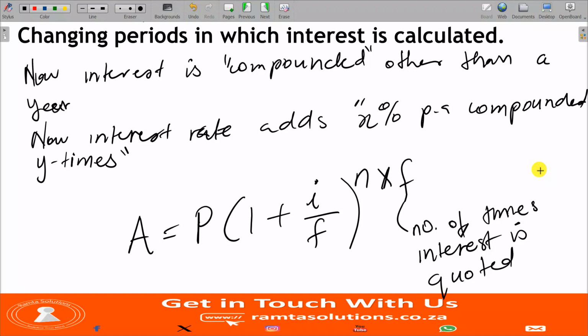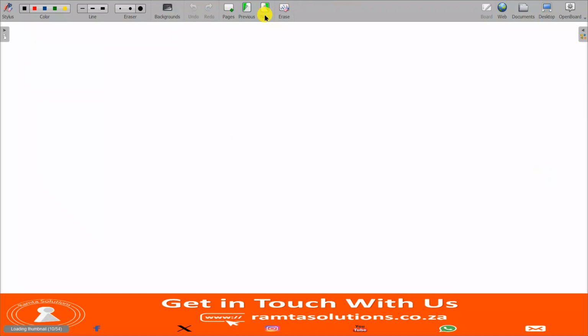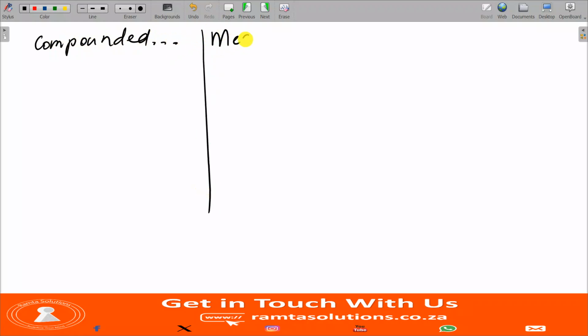Now I'm going to give you a list of these. This is going to be a table that you may need. Compounded, and something has to follow. What is the meaning of it?